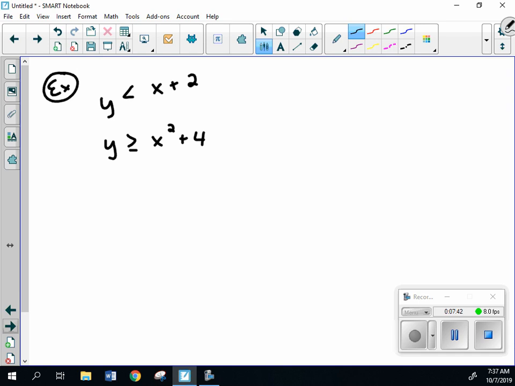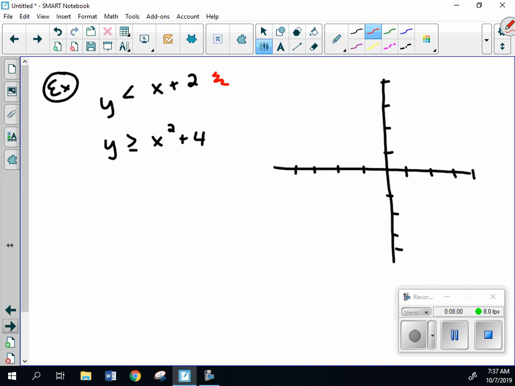In both of these situations, you're graphing this just like we would any other inequality. So if I have y is less than x plus 2, I'm going to graph the equation of that line, which we've done graphing of lines before.